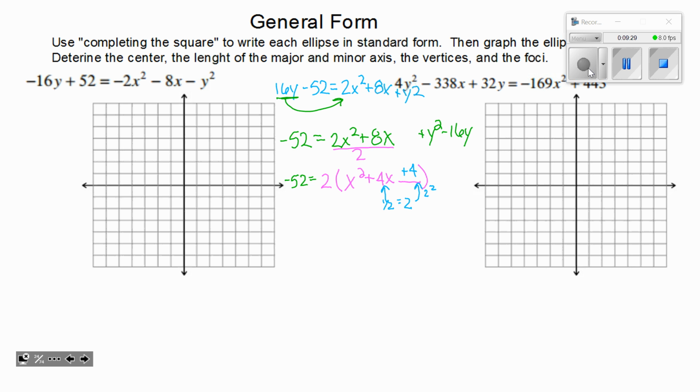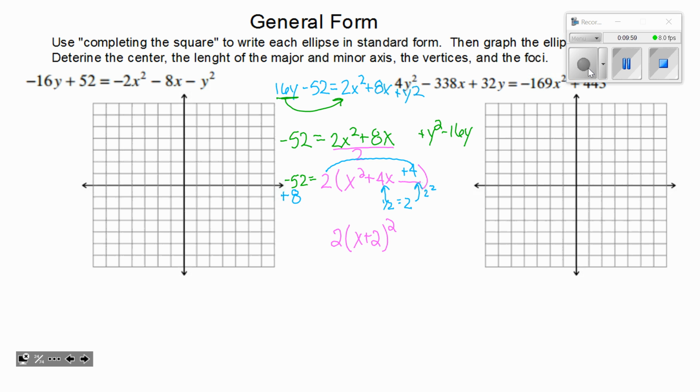So I'm going to put a plus 4 in there. But when I do that, I need to say to myself, if I just put a plus 4 in this side of the equation, what did I really put there? Because if I multiply by 2, it means 8. So I put a total value of 8 on the one side. So now I'm going to put this plus 8 over here. I just kind of keep track of what all I'm actually adding to the equation. So I have 2 times x plus 2 quantity squared, because again, we're completing the square.